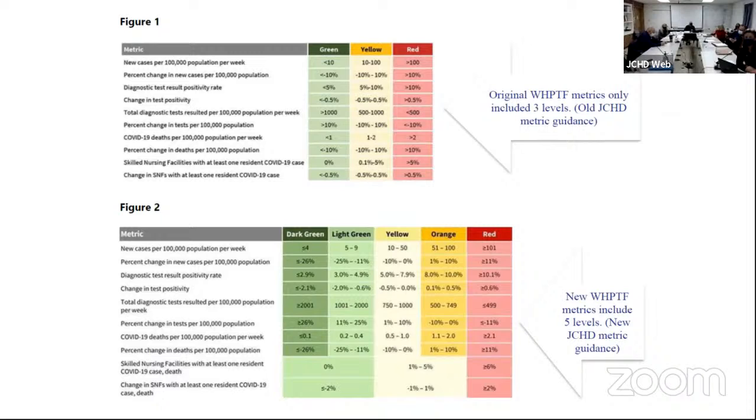One thing I do want to point out is when we originally started, the White House Pandemic Task Force metrics only included 3 levels. They upgraded that just a couple of weeks ago to include 5 levels. And so just to let you know, that is why there was an extension that included a light green and an orange into those schedules.